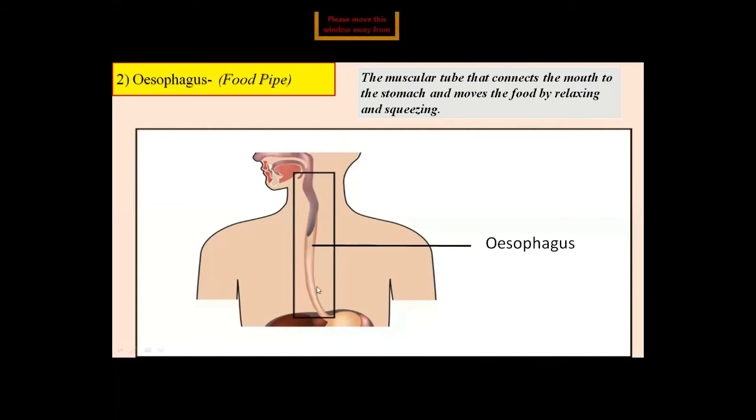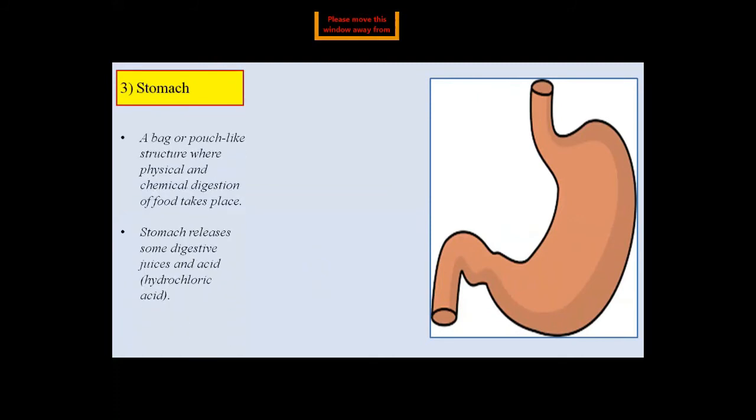Now the next organ is, wow, what is this? It is a sac, bag or pouch-like structure. It is called the stomach, and what happens here? Here the physical and the chemical digestion of food take place.